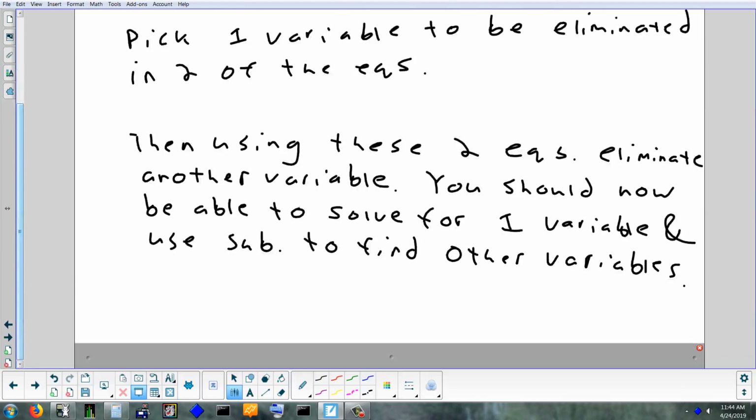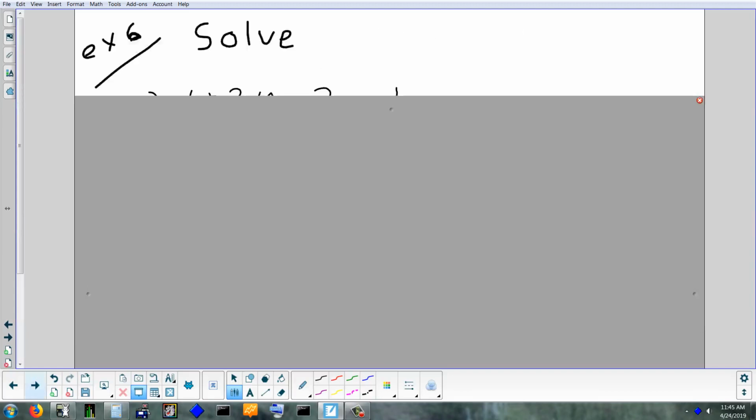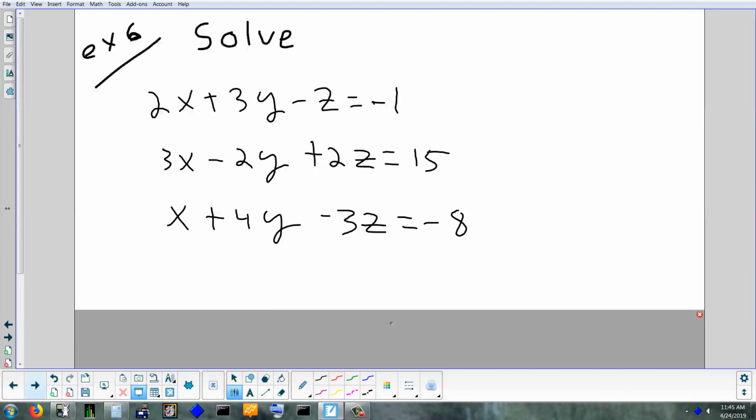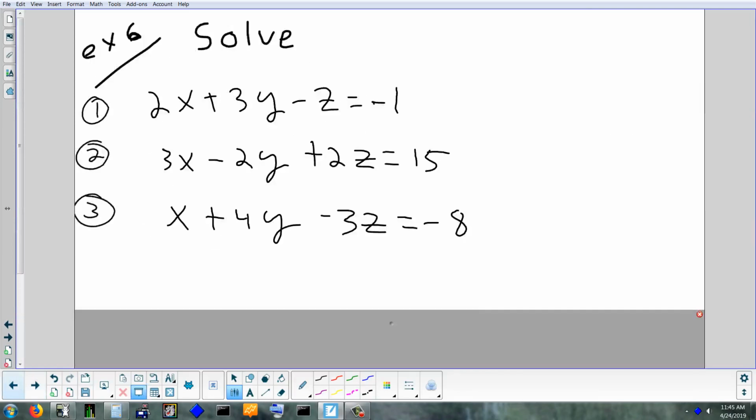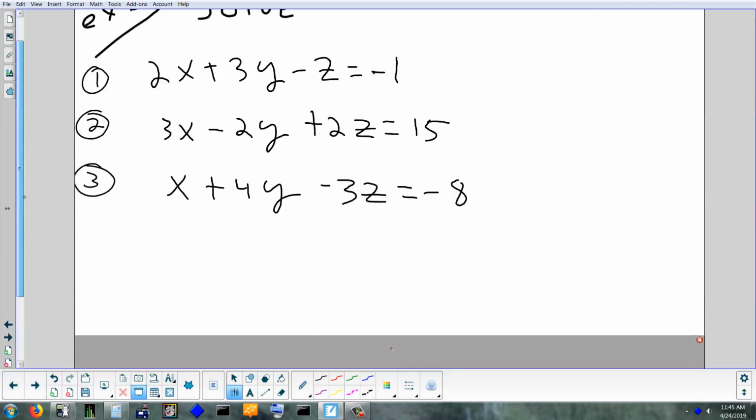All you're going to do is use elimination a bunch of times, and then use substitution at the end to get all your answers. Okay, so here's our system. I have 2 of these, but we'll probably just end up doing one of them. We'll see.